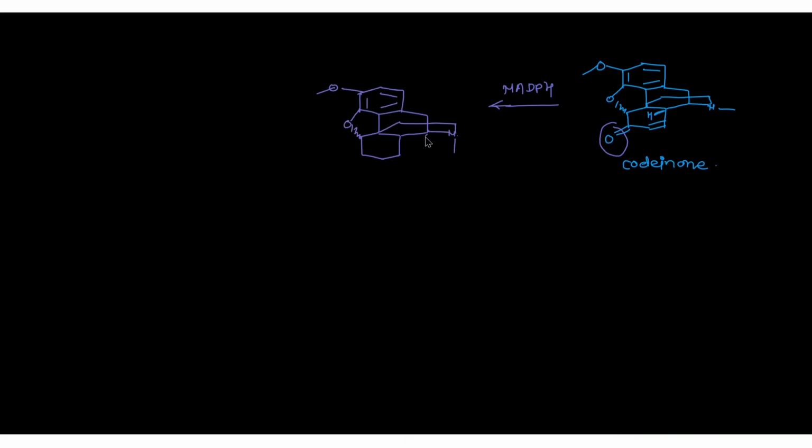In next step, by using NADPH, reduction of this carbonyl group takes place, which is stereospecific, and we get this moiety, which is known as codeine.